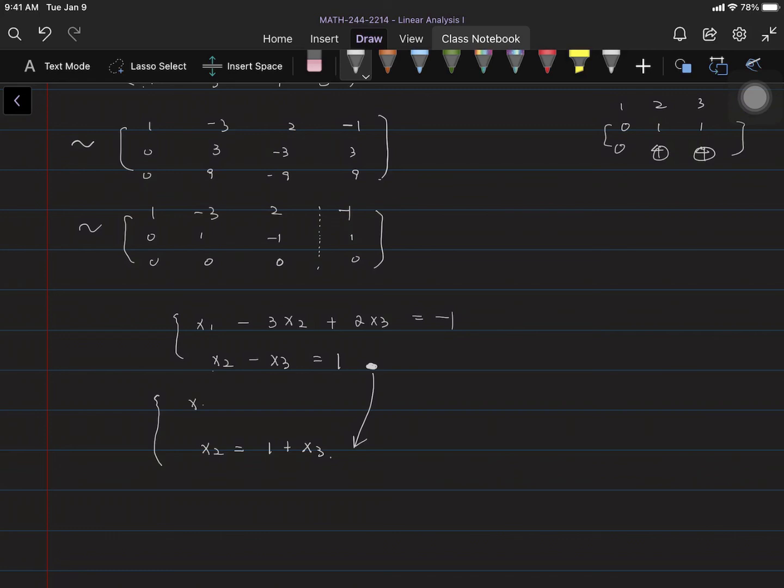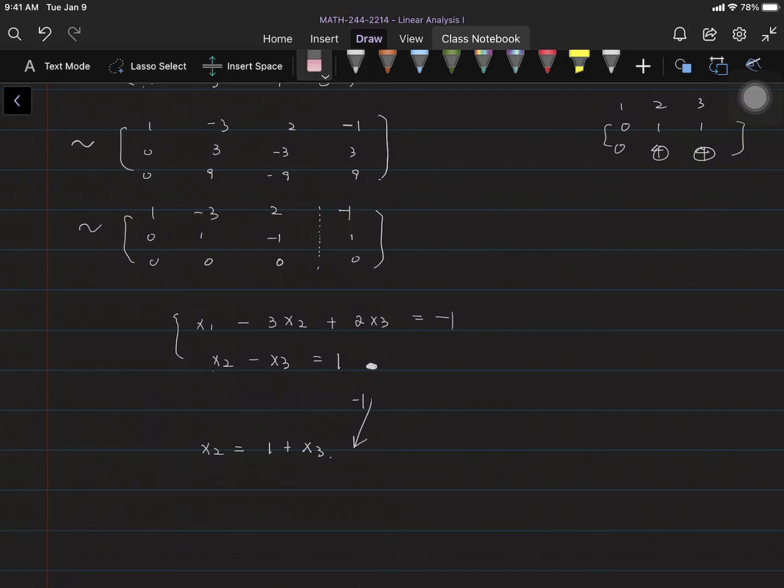And for x1, same thing: x1 equals, let's see, move everything to the right side, 3x2 minus 2x3 minus 1, and we plug in x2.